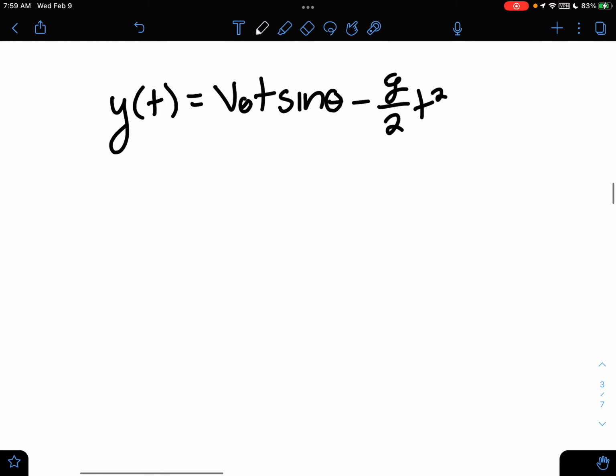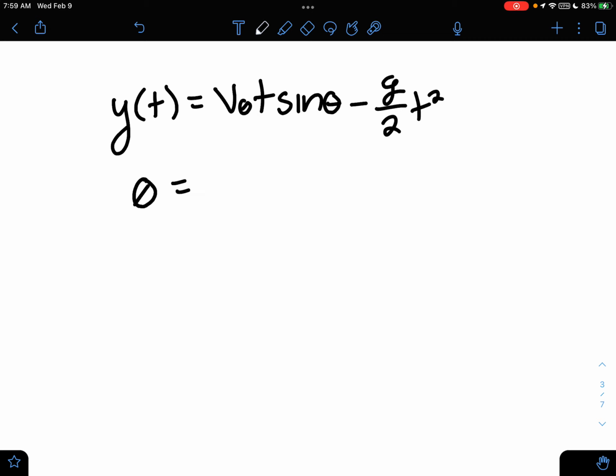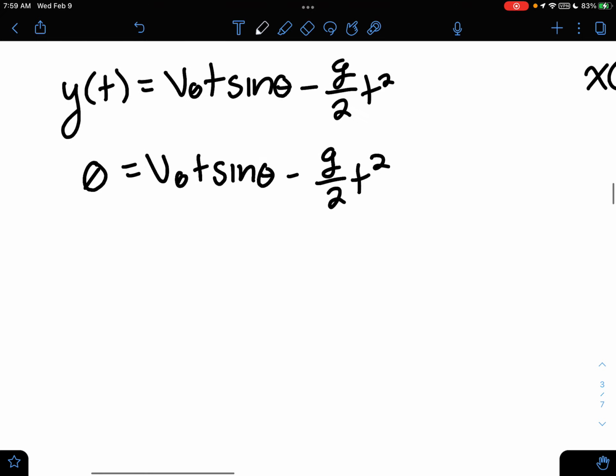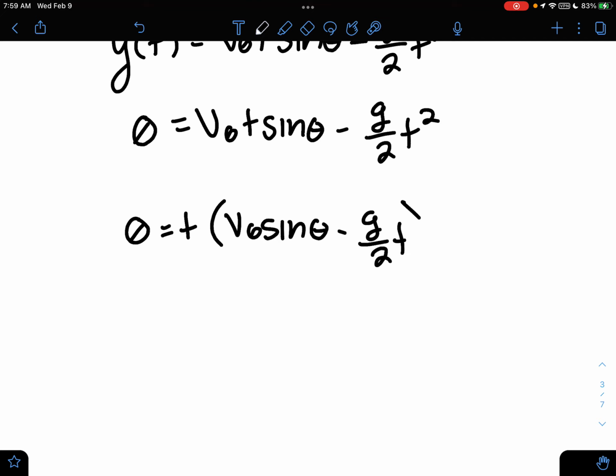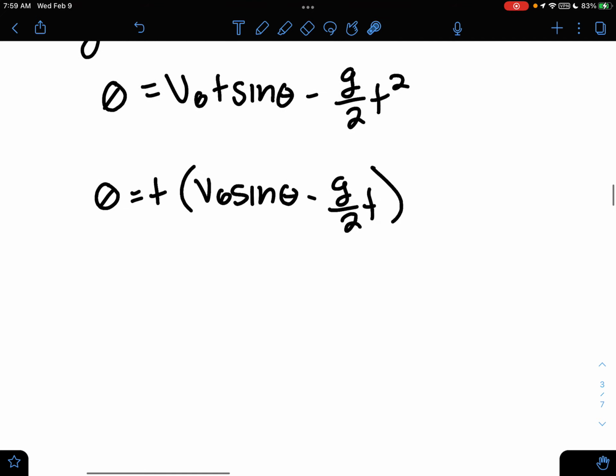So we're going to set y of t equal to 0, equals v naught t sine theta minus g over 2 t squared. It's a quadratic, and we set it equal to 0, so I'm going to factor out this t. Equals t, parentheses, v naught sine theta minus g over 2 t.